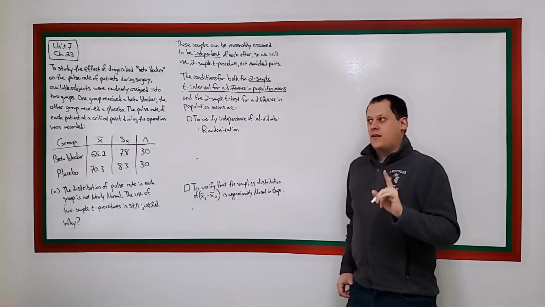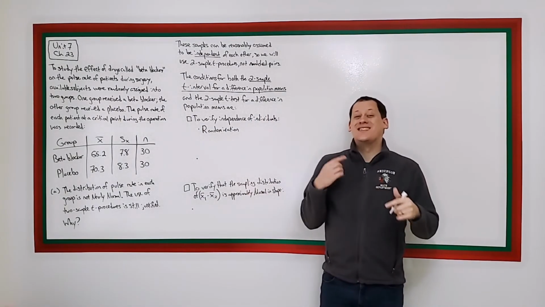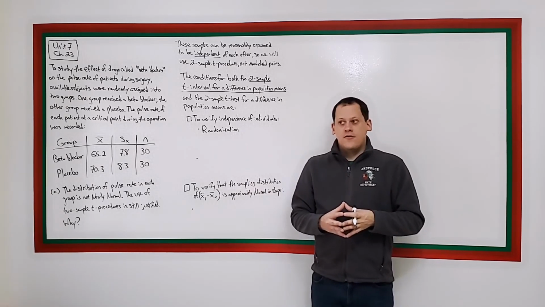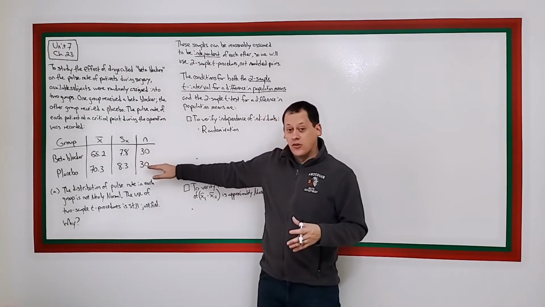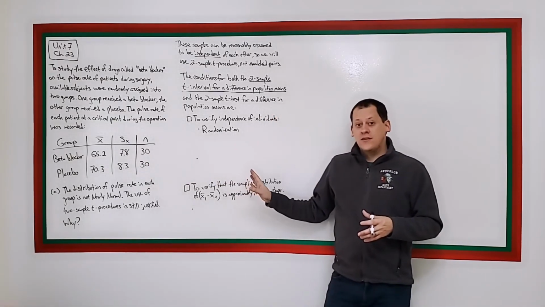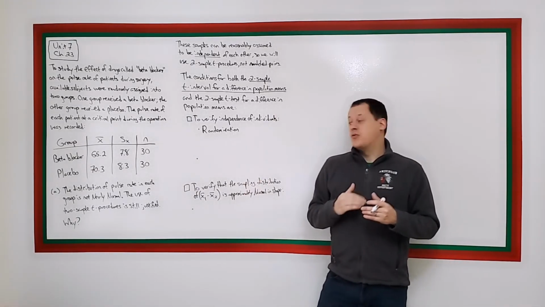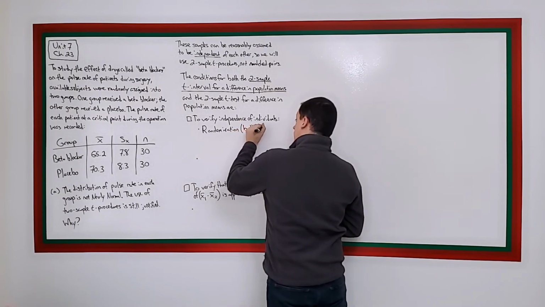But if you recall, back when we did two sample Z things with proportions, once you have two groups, when we check conditions, we've got to check them for both groups. So this is randomization for both groups.